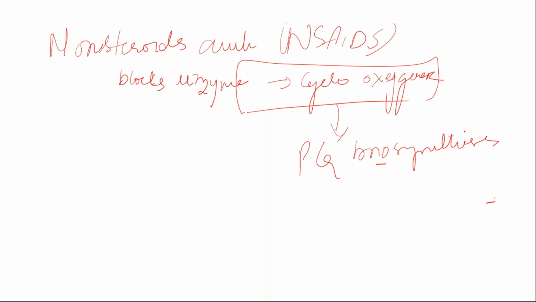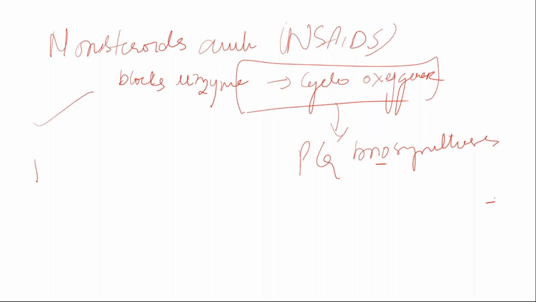Okay. So what are the preparations available? It's available in salicylates. It's available for systemic use. It's available as aspirin. It is available as acetaminophen. All these things are available forms.